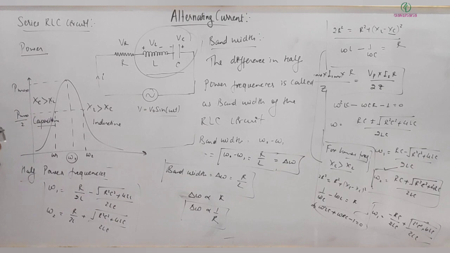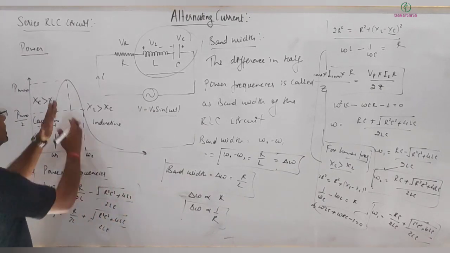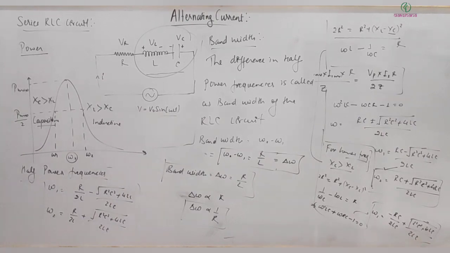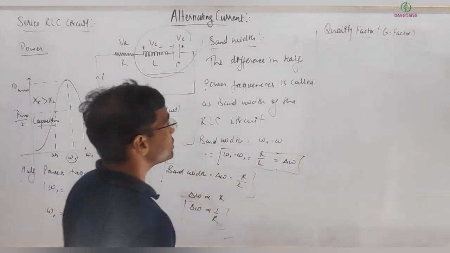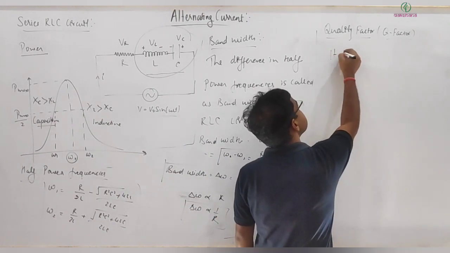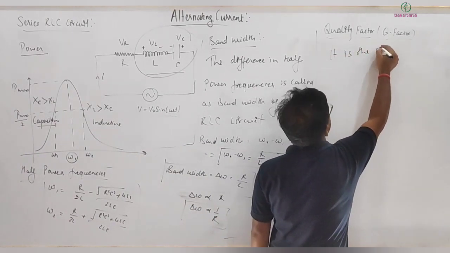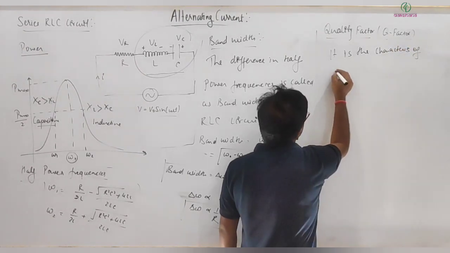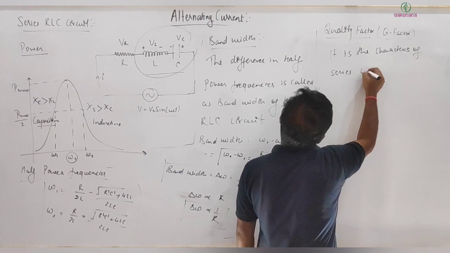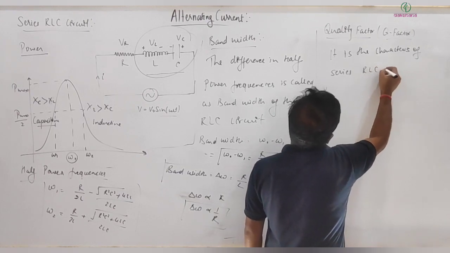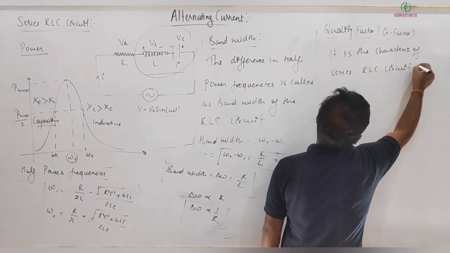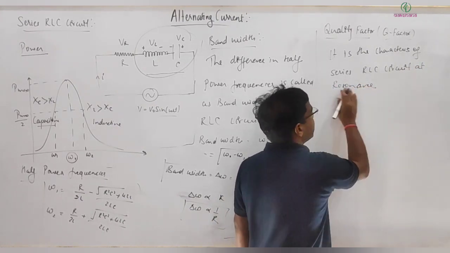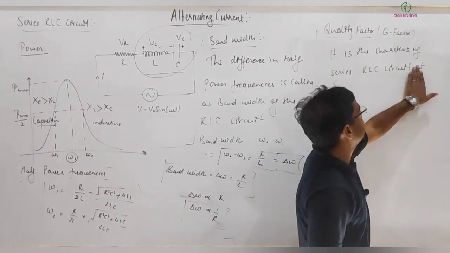There is one more term, as I told, the steepness. We measure that in terms of the quality factor. The next term is quality factor. It is a characteristic of the series RLC circuit resonance, or simply the RLC circuit.